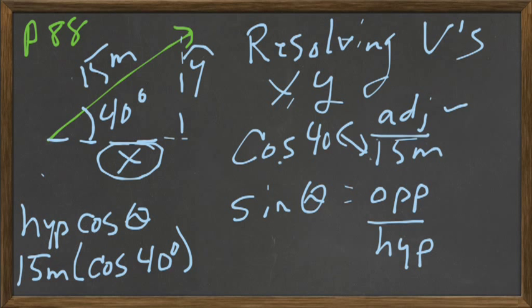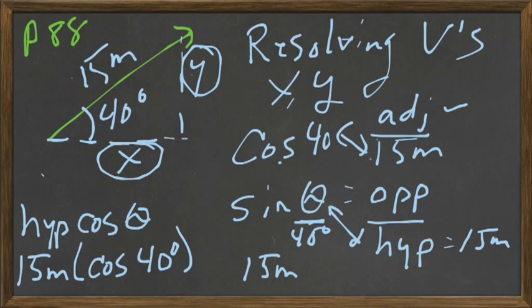To find the y side of that triangle, it is the side opposite the angle. So, same thing. I put in my angle, in this case 40, and the value for the hypotenuse, which is 15 meters, and cross multiplying would give me the value of that side. So it would be 15 meters sine of 40.